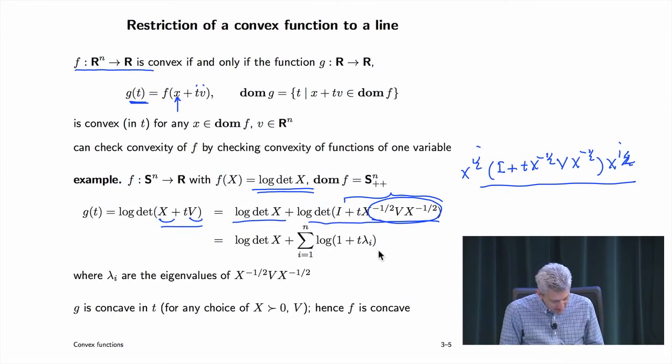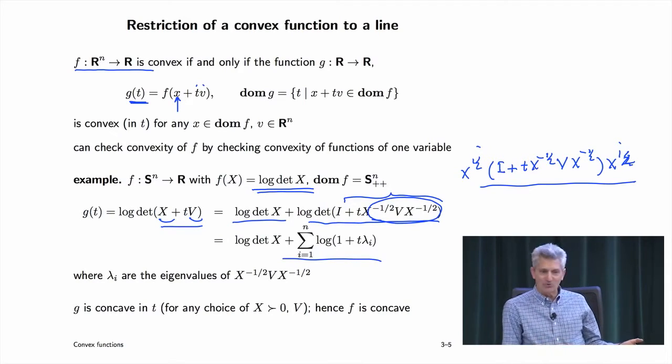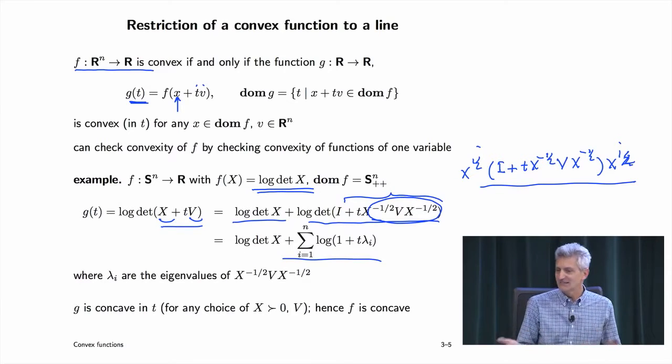And guess what? This function is concave. And you can just check that again. My claim is that for something with one variable, you can just check, right? That log of 1 plus t lambda depends on the sign of lambda_i, which can be positive or negative. But either way, this thing is concave because log of something affine is concave, right? So that's it. So we're done.